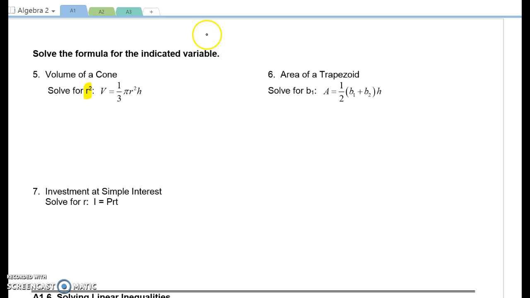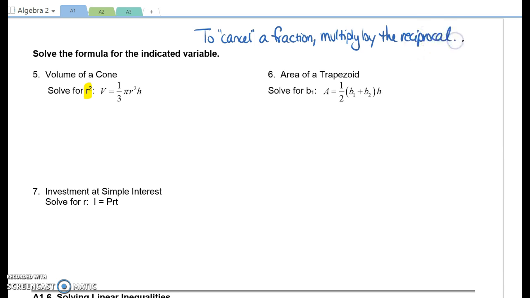So I'm going to write a little note to myself up here to cancel a fraction, multiply by the reciprocal. So when we multiply by 3, we'll have 3v on the left, and we will have pi r squared h on the right.